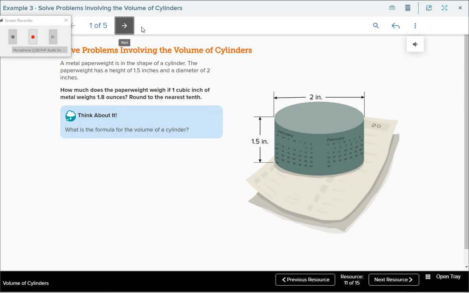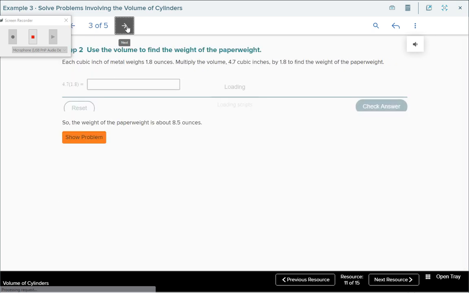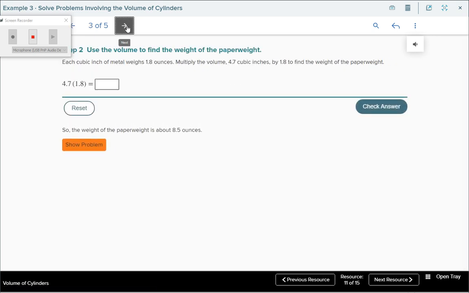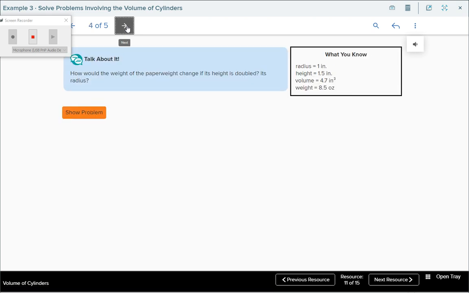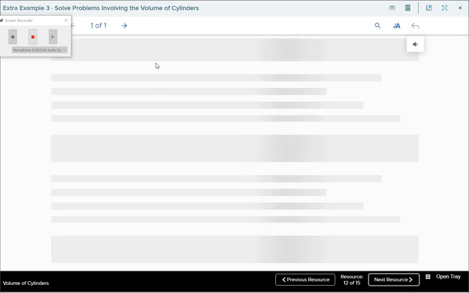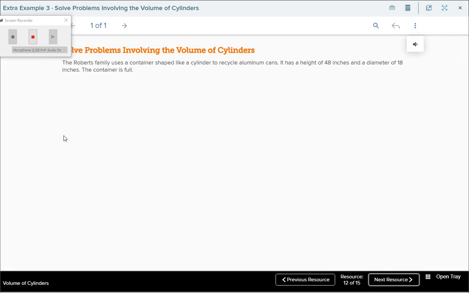So if we multiply that times 1.8, that'll help us determine that. If you multiply 4.7 times 1.8, what do you get? 8.46. Good. Or about 8.5 if we round to the nearest tenth. Does that make sense how we were able to use the volume to answer a second question? Yeah. All right, you guys try this one on your own.